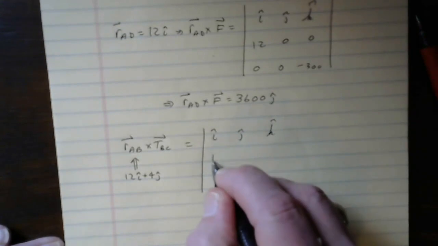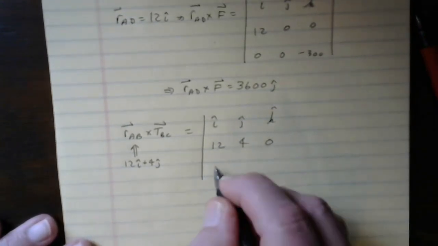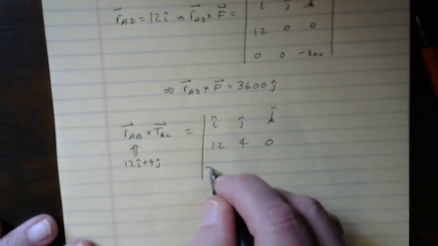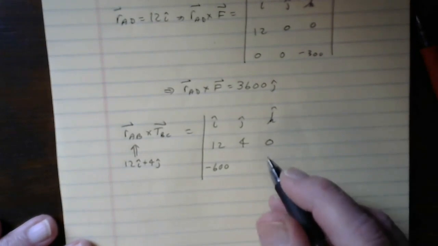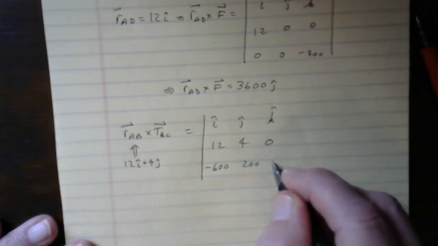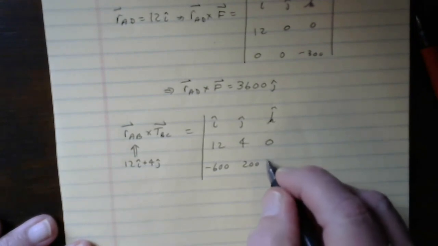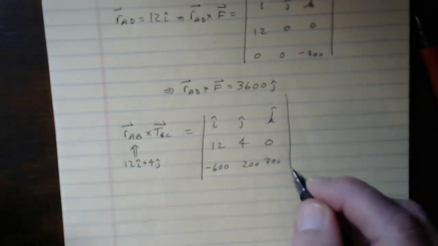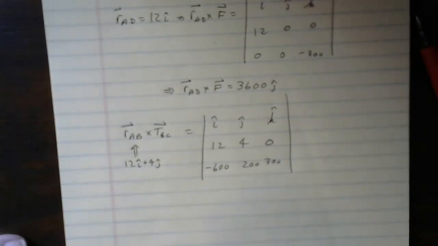Second row, 12, 4, 0. The third row is the components of T_BC, so that's minus 600, 200, and 300. Do the expansion.